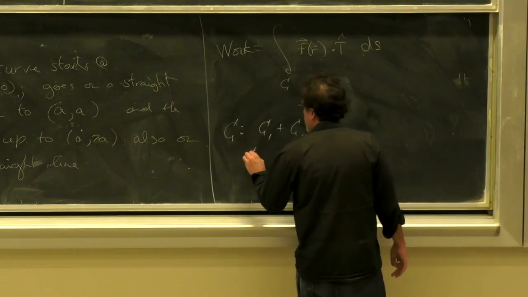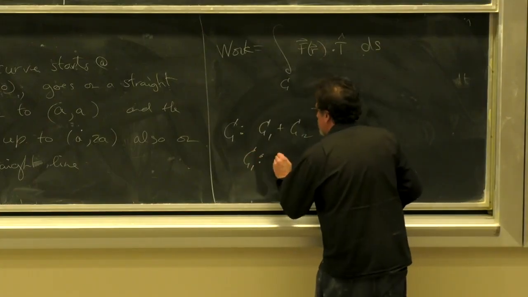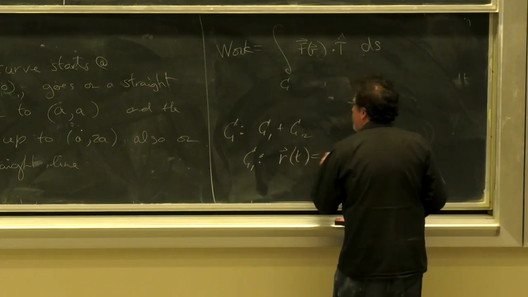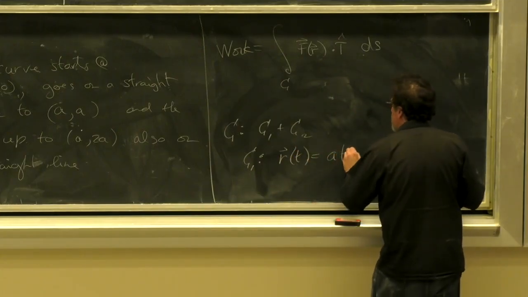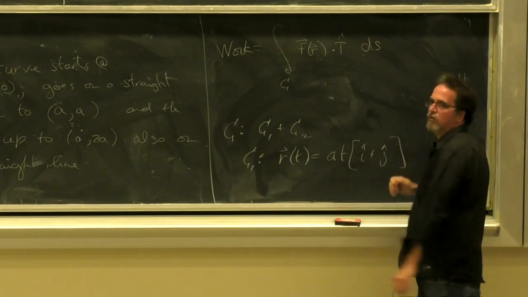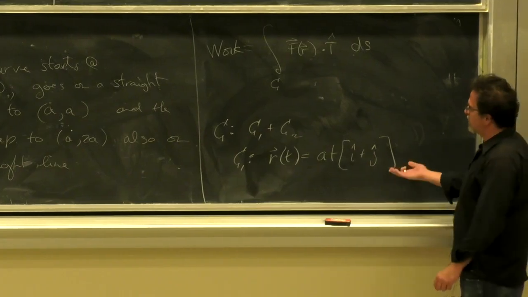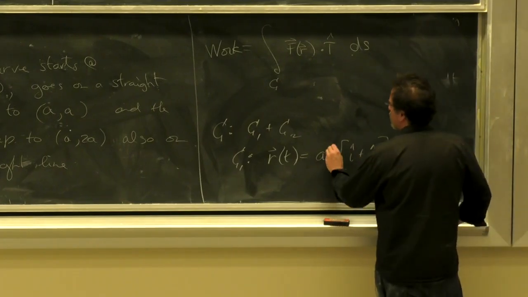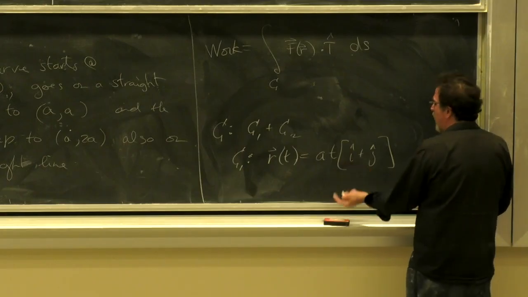Well, C1, that's easy peasy. C1 colon. That's given by r of t equals, well, a times t times i hat plus j hat. That's what the curve is. That's a straight line going on a tangent vector, which is 1 i hat plus 1 j hat.